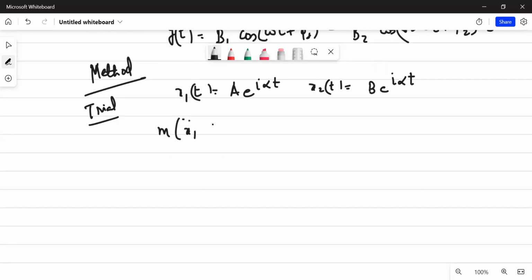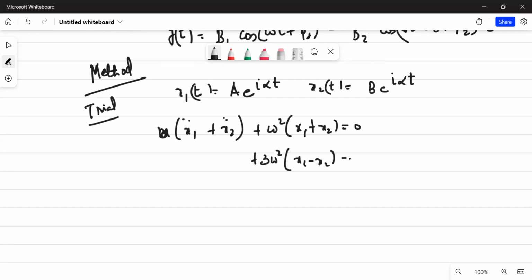So this is my coupled equation: x1 double dot plus omega square x1 plus x2 equal to 0, and here plus 3 omega square, x1 double dot minus.